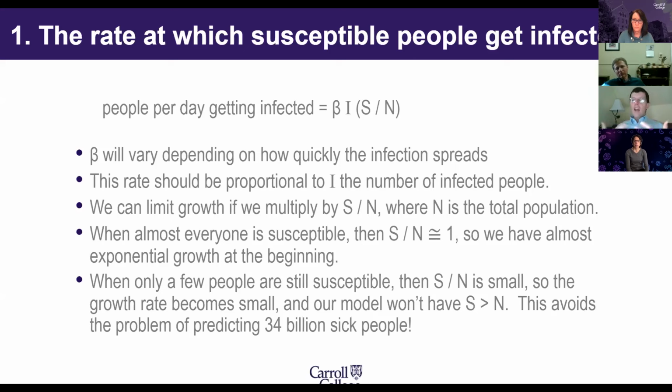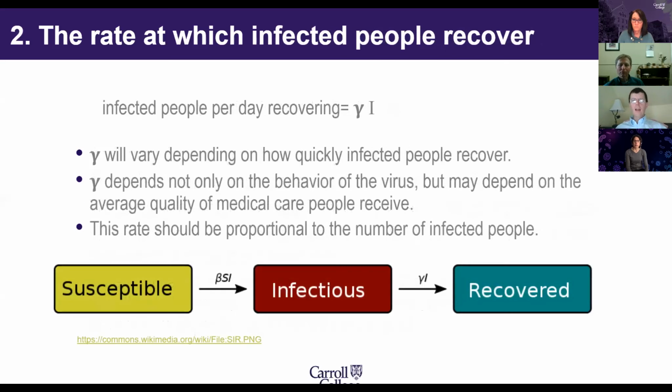So again, the idea is, let's create a simple model, not one that includes all the possible effects, but something basic to just give us a sense of what might happen. And then the other rate we have to include is the rate at which infected people recover and get better. And so we're going to assume again that that's going to be proportional to the number of infected people. The more infected people are out there, the more are going to be getting better.